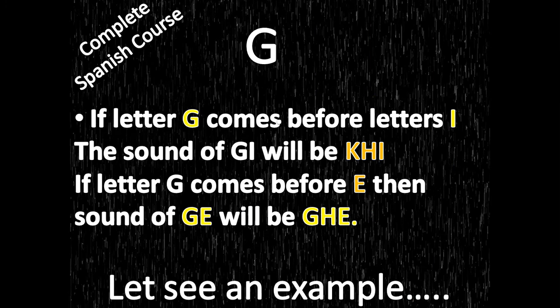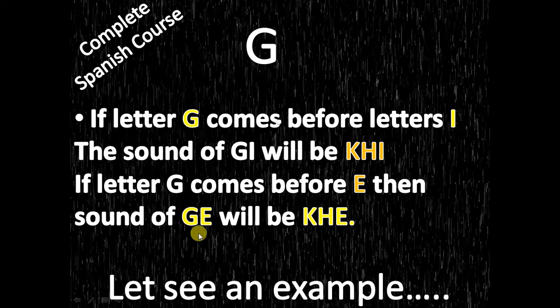Now the letter G, if letter G comes before letter I, the sound of GI will be khi. If the letter G comes before E, then the sound of GE will be, sorry, this is khi.